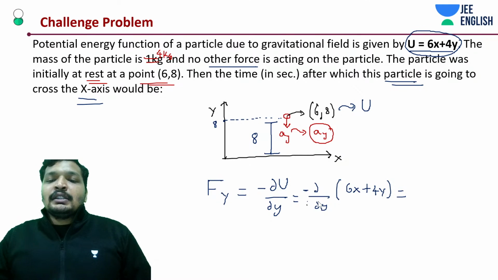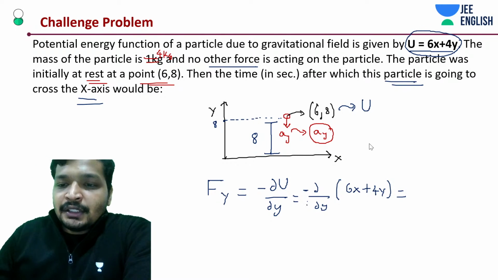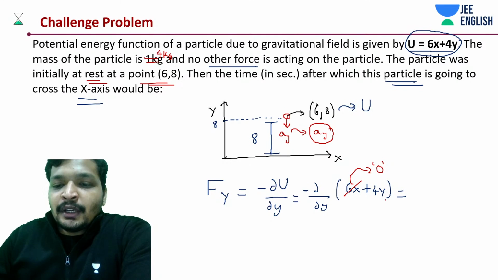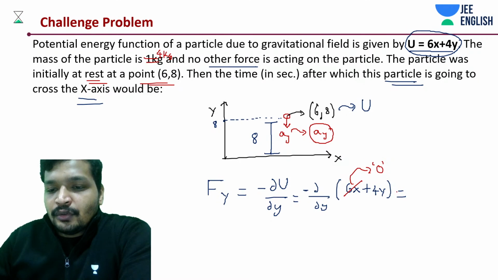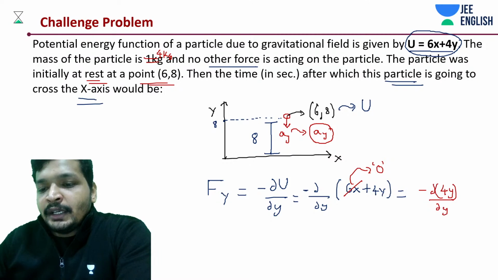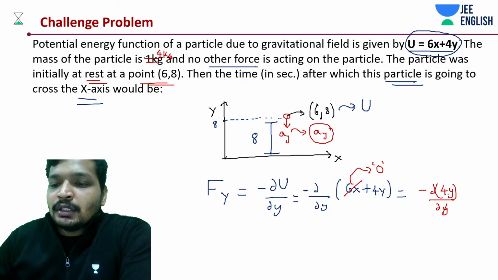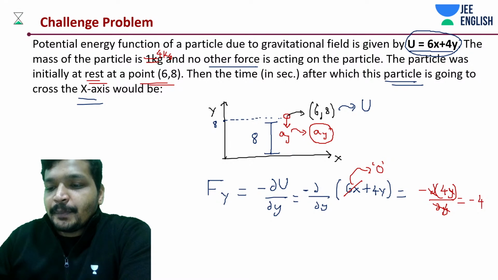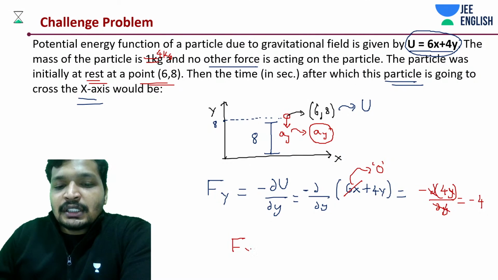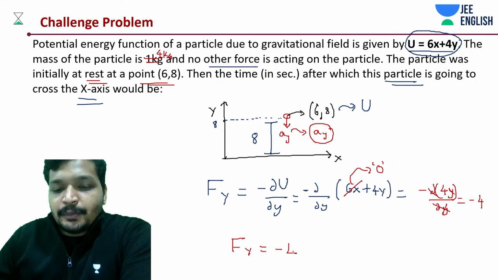Once you start partial differentiation, if you remember, we did a whole lecture on this, the 6x term is going to be 0, and then this is going to be minus 4. Basically you have minus the partial derivative of 4y with respect to y. We cancel out y and y, and we'll have minus 4. So the force along this direction is minus 4.